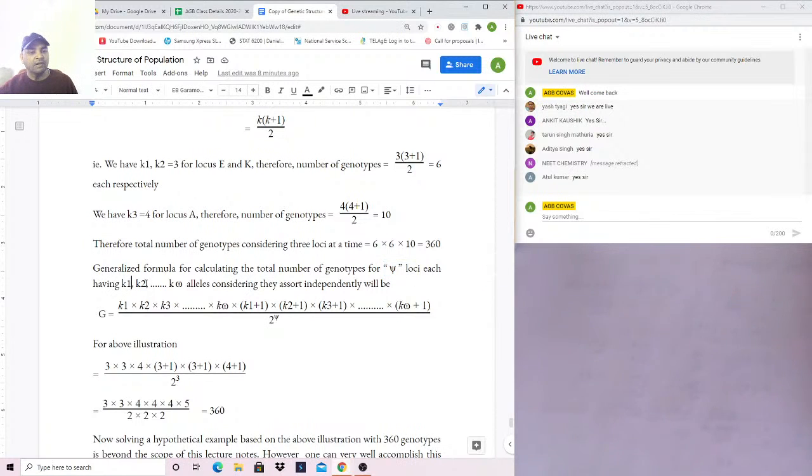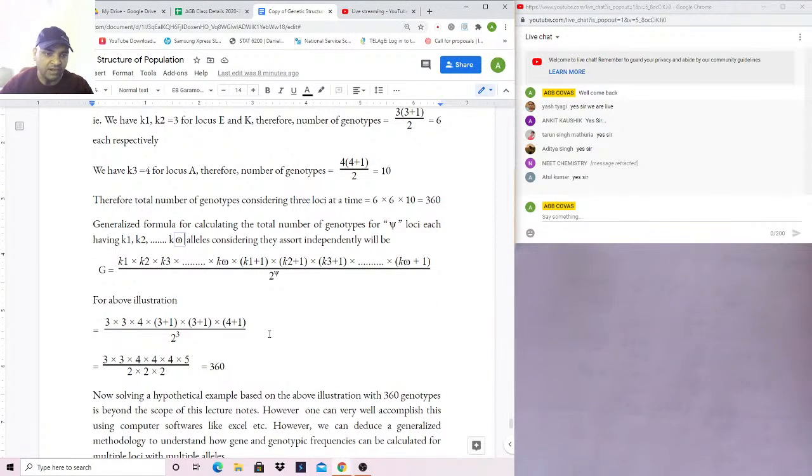And there will be K1, K2 and K omega alleles. Consider that they assort independently. So the number of genotypes will be equal to K1 into K2 into K3 into K omega, then into K1 plus 1, K2 plus 1, K3 plus 1, up to K omega plus 1, divided by 2 power the number of genes you are considering.